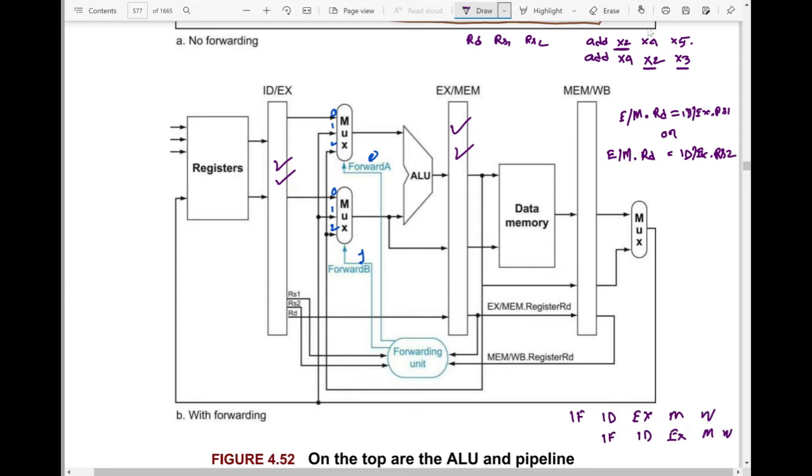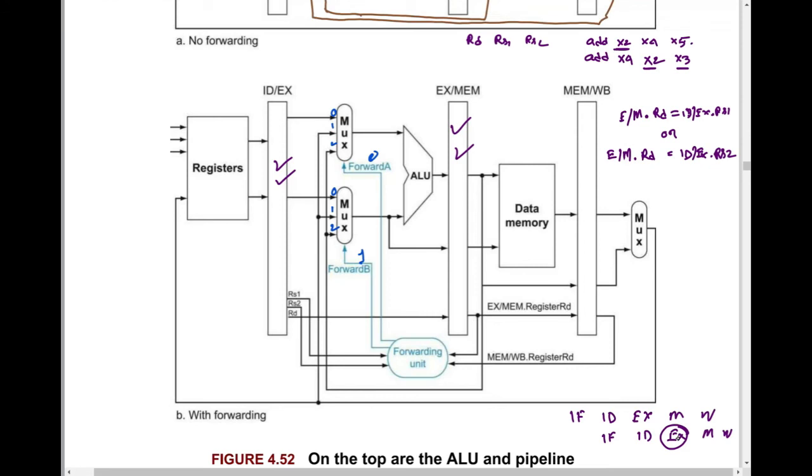When the execution of the second instruction is about to start, as I explained in the last class, before starting any stage in pipelining, it will read all the information from the left side pipeline register, and it will start its execution, and at the end it will write all the information in the right side register.